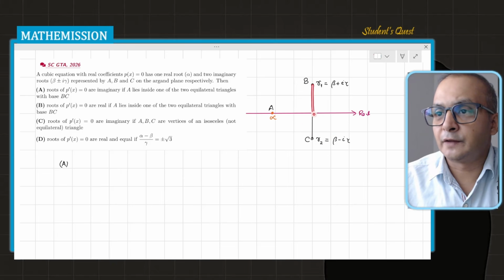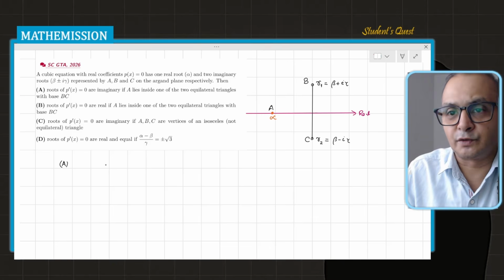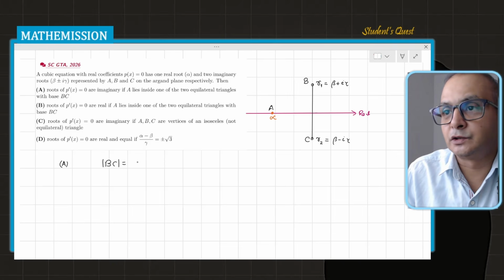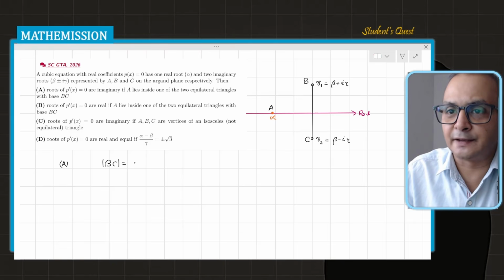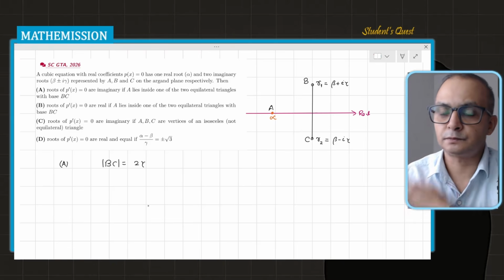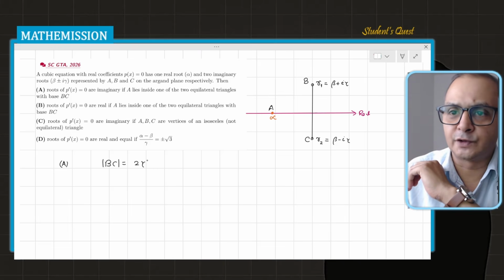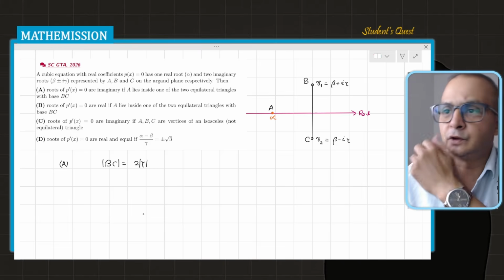So how can we draw this equilateral triangle? One side is already known. Let's try. For this equilateral triangle, for the first part of the question, the BC length I already have as 2 iota gamma, so the length I can say is 2 gamma, and I don't know whether gamma is positive or negative, so I call it 2 mod gamma because, okay.